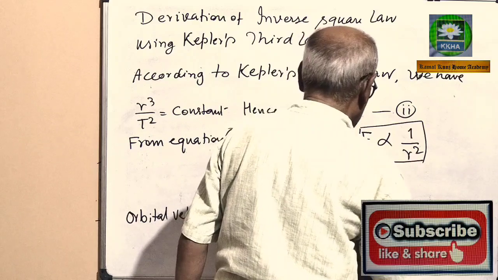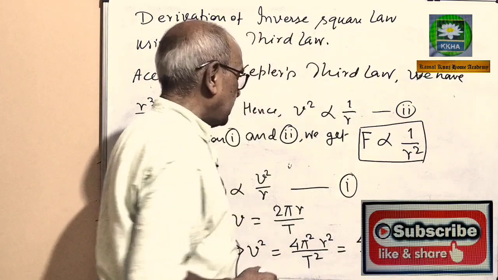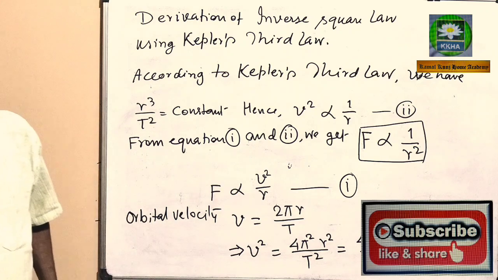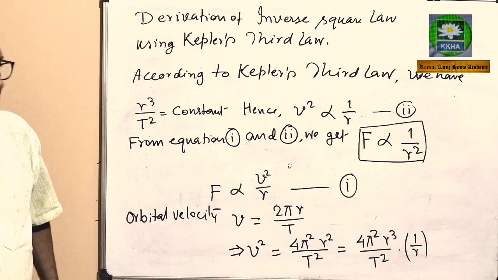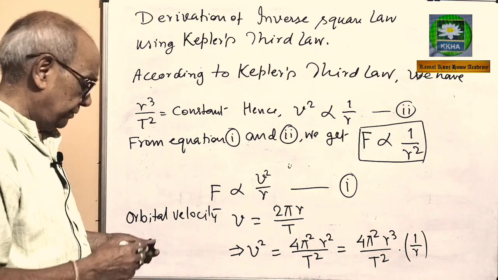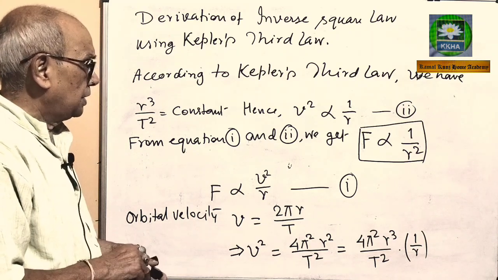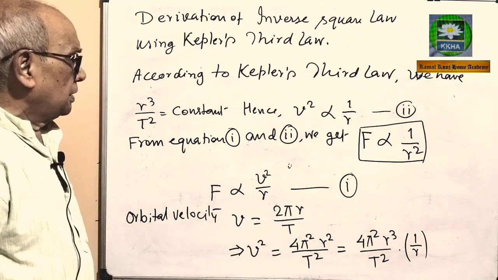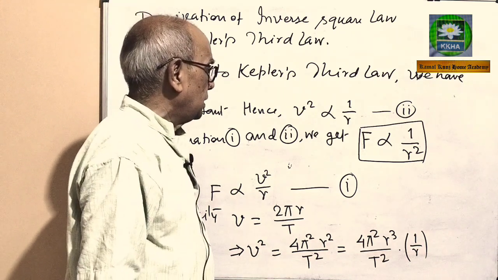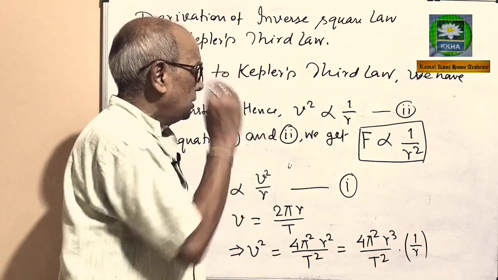Thus, you see that the force of attraction is inversely proportional to the square of the radius of the orbit.